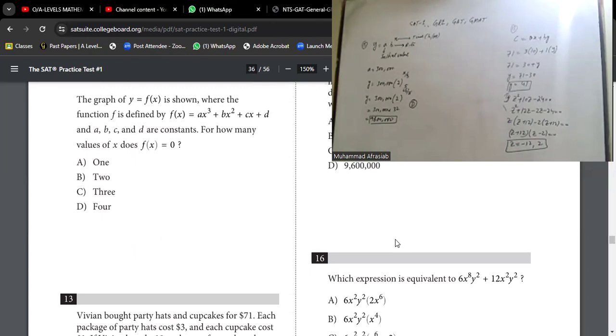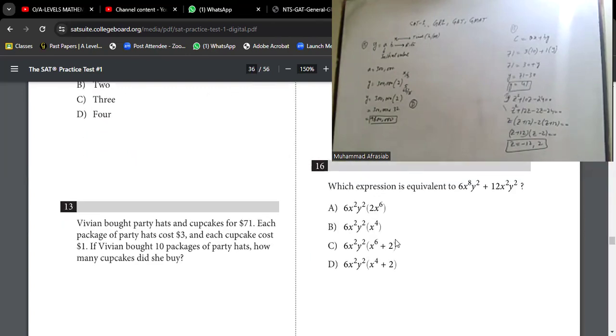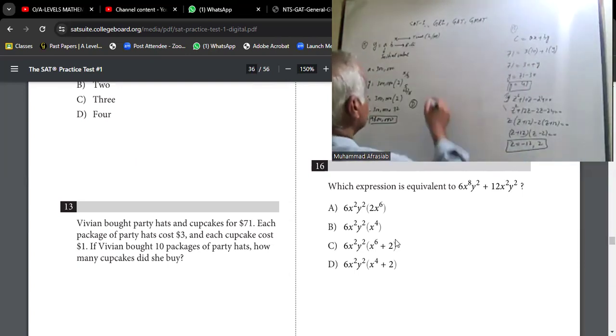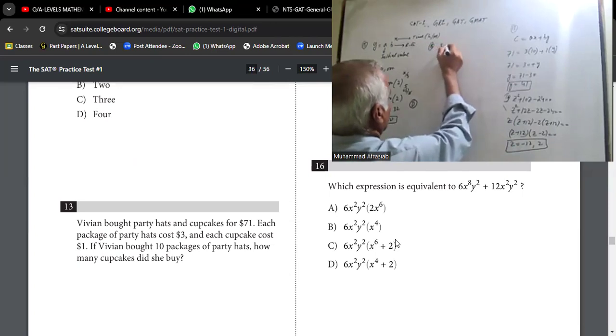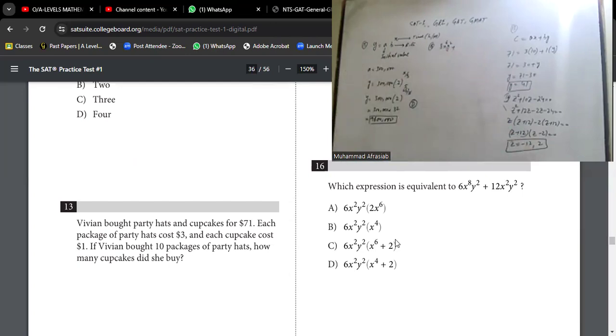Then question number 16. Which expression is equivalent to 8x^6 y^2 plus 12x^2 y^2?